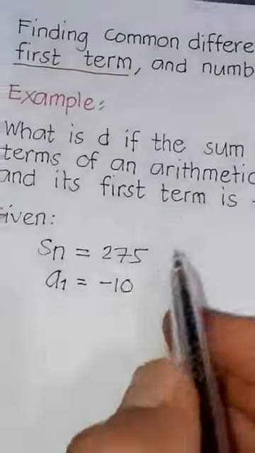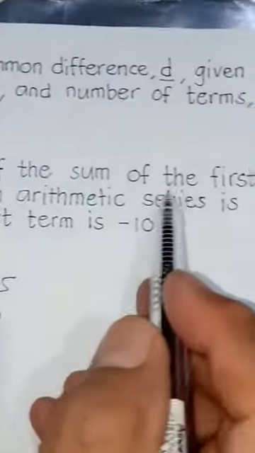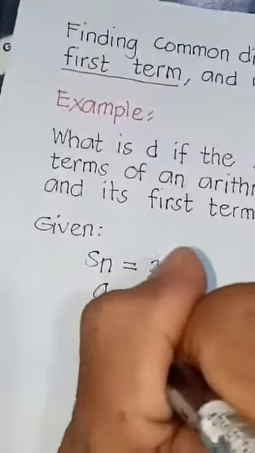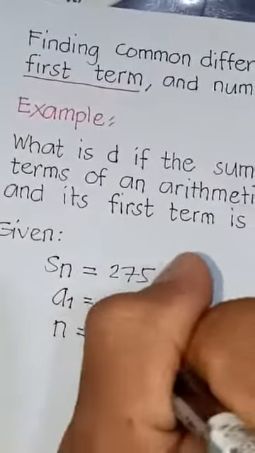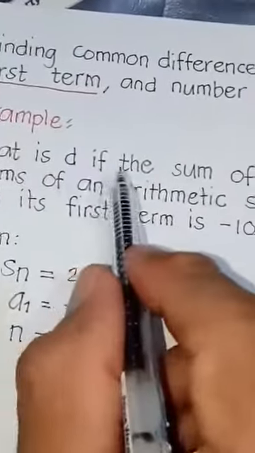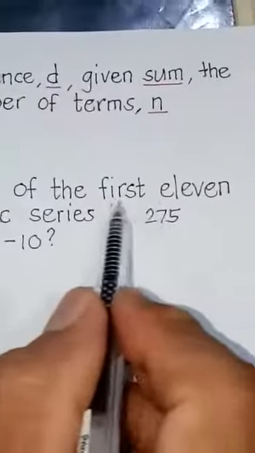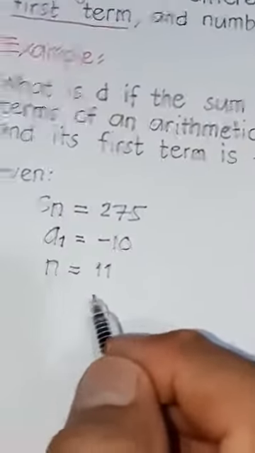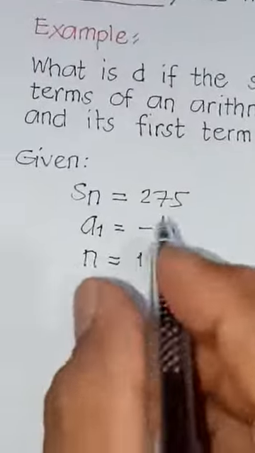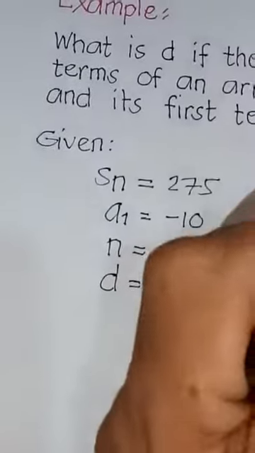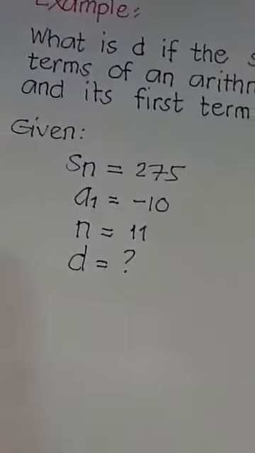And then from the statement of the problem, it is understood that the number of terms is equal to 11, because from the statement, what is D if the sum of the first 11 terms? So therefore n equals 11, and what is being required here is the common difference D.